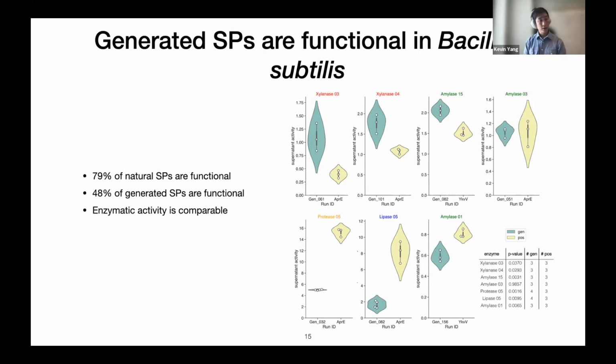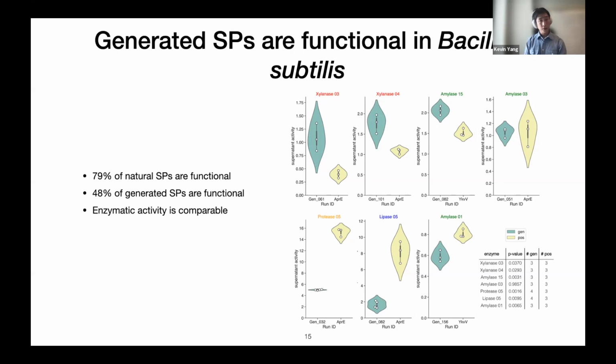However, of the ones that are functional, they often have comparable activity, and some classes of enzymes actually have much higher activity, and some much lower. So that's pretty variable depending on the enzyme class.